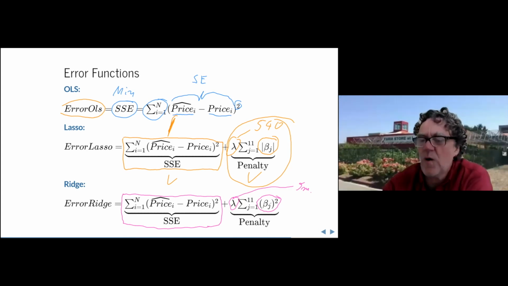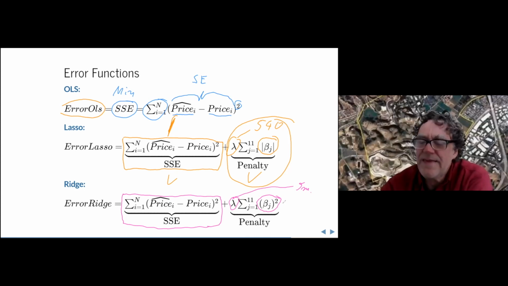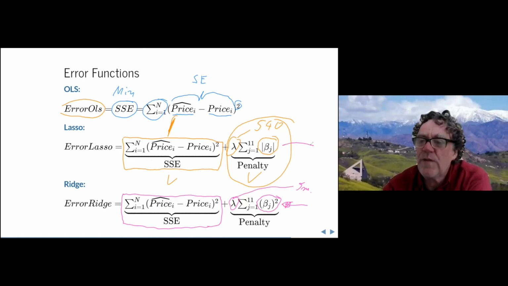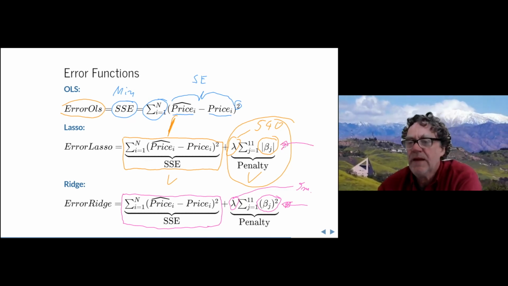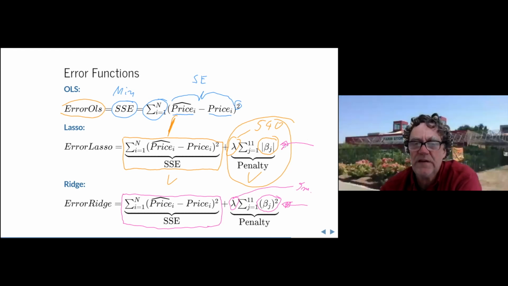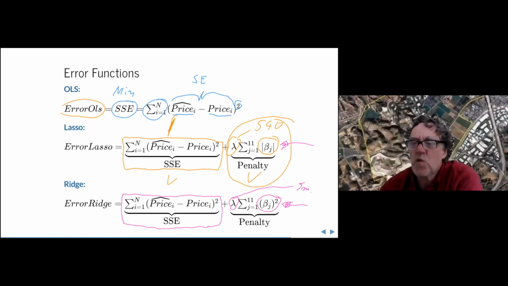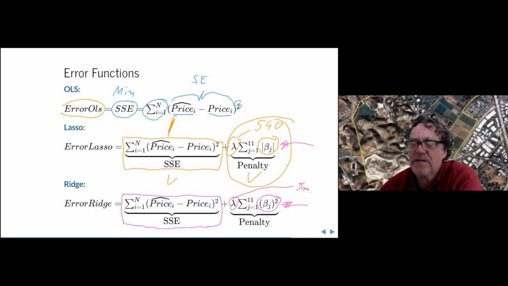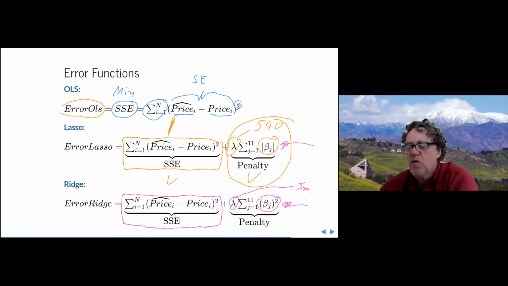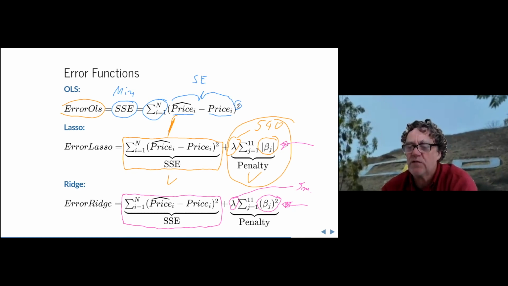One difference is obvious. If we have big betas, they get punished a lot here and not so much here. And another difference is, and that goes without proof here, that lasso regression tends to set bad apples to 0, while ridge regression would set the betas only to very small values.